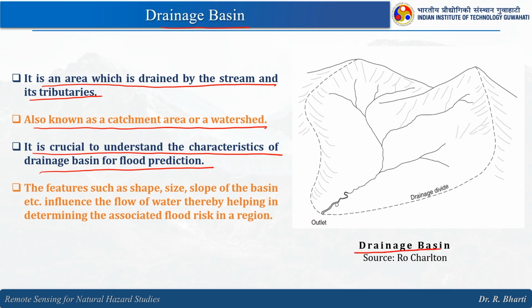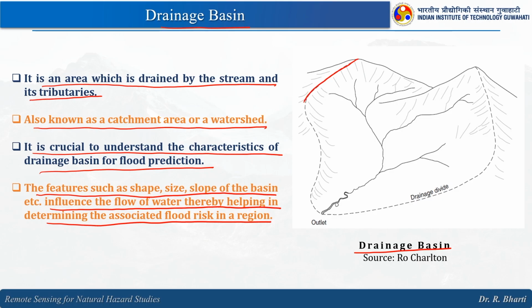So, this is one example of a drainage basin. The features such as shape, size, slope of the basin etc. influence the flow of water, thereby helping in determining the associated flood risk in a region. So, here you can see this is the shape.